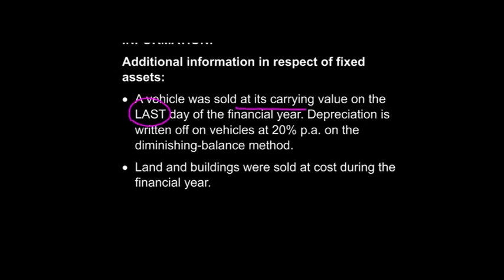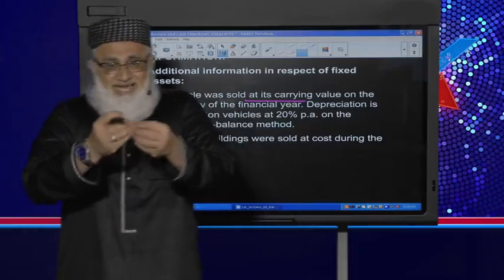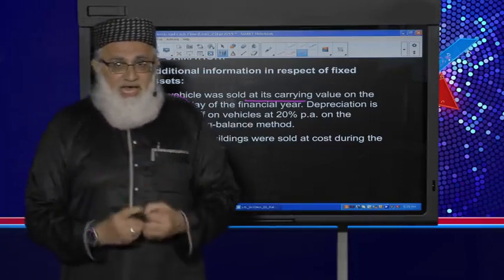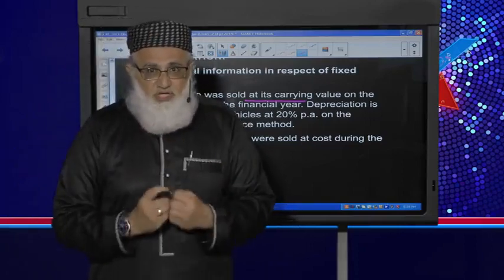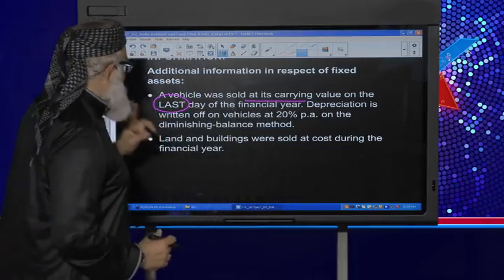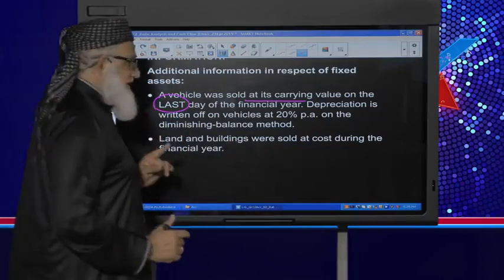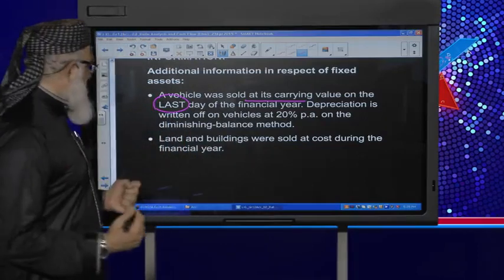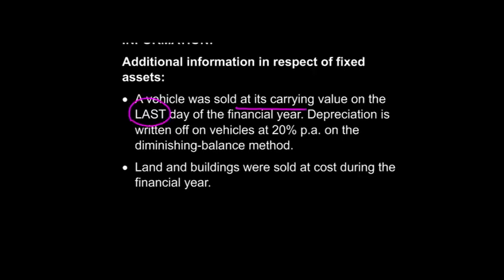So in other words, you had used that vehicle right up until the last day of the financial year. Got that? Okay, now this means therefore that when I'm calculating my depreciation, I must calculate my depreciation at 20% per annum on the diminishing balance method.